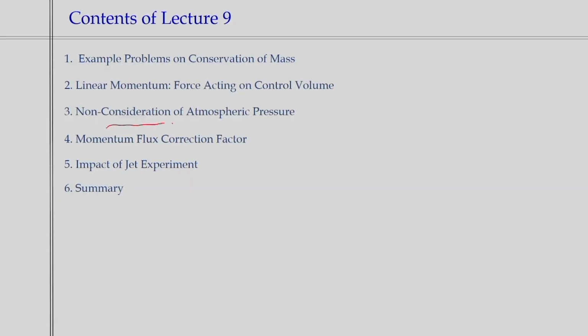Then we will discuss the simplifications needed before applying the linear momentum equations, in terms of non-consideration of atmospheric pressure, and the momentum flux correction factor and how we use it. Then I will show the impact of jet experiment, and then I will summarize.